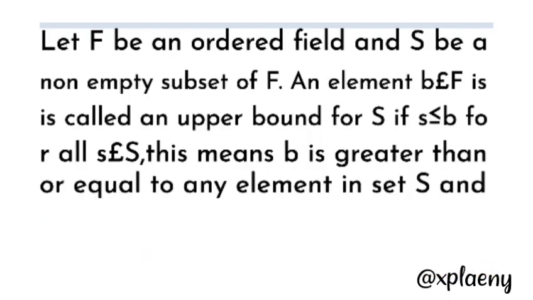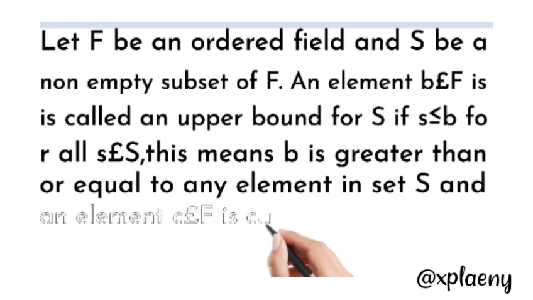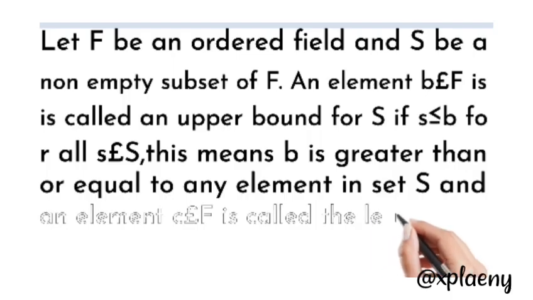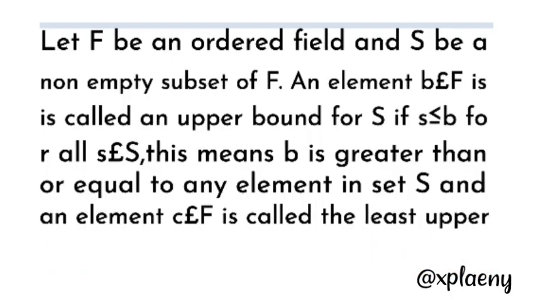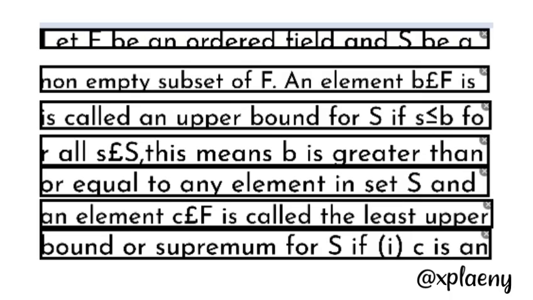Like I said, it means that B is greater than or equal to any element in S. And an element C in F is also called the least upper bound. When C is considered the least upper bound, this means that it must be an upper bound, but it is the least upper bound.